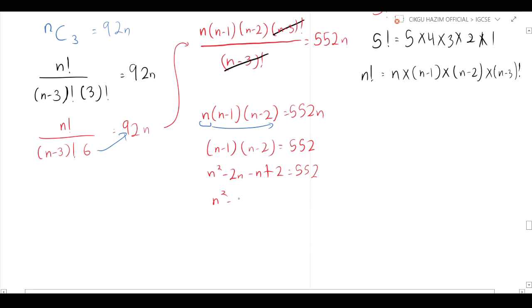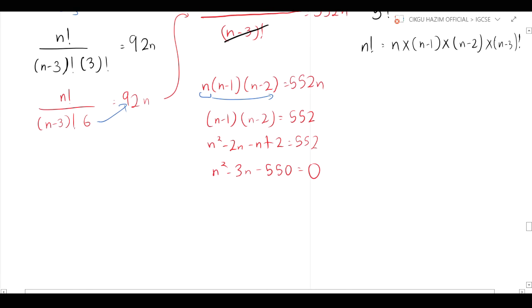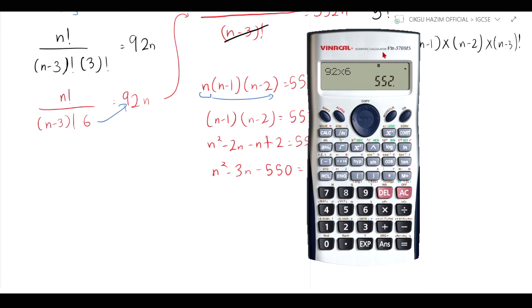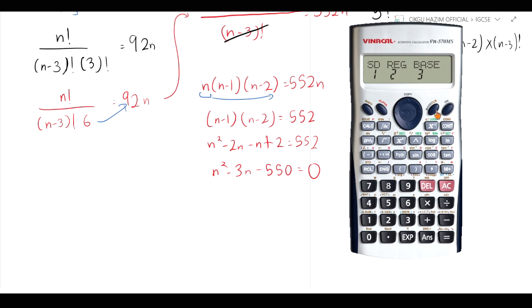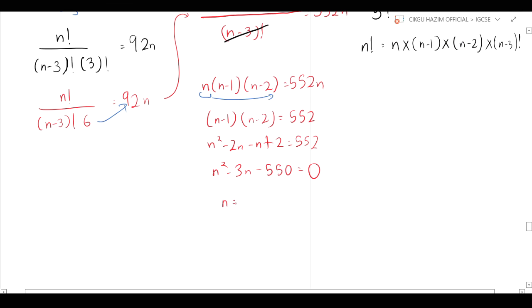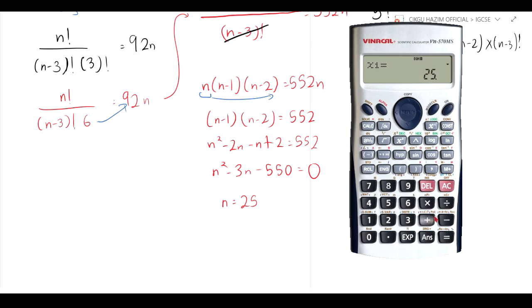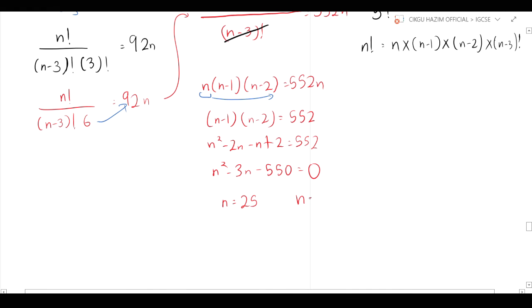So n squared minus 3n plus 2 minus 552 equal to 0, because I move the 552 to the left. So n squared minus 3n minus 550 equal to 0. Just put it in the calculator. The value of a is 1, b is negative 3, c is negative 550. You should get n equal to 25 or negative 22.